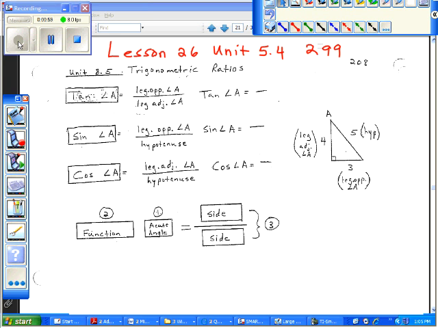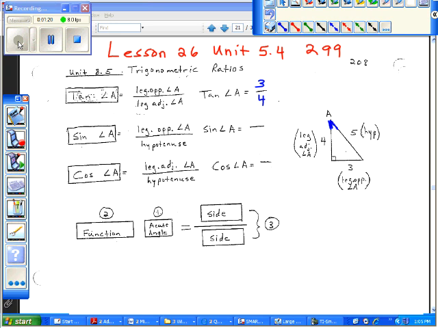If we're talking about angle A, the leg opposite angle A is the 3. It's across from it. The leg adjacent to angle A is the 4. So we could say that tangent angle A is equal to 3 divided by 4.